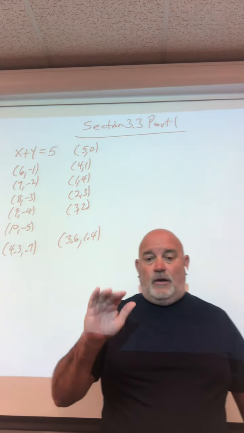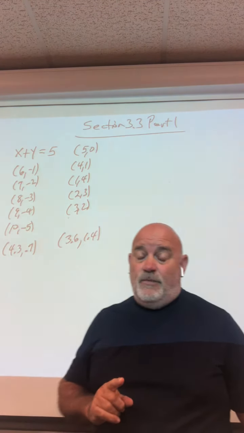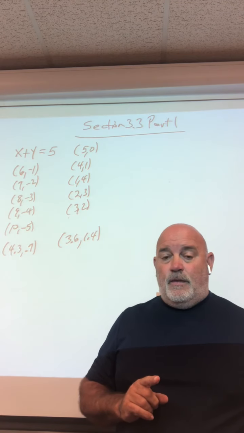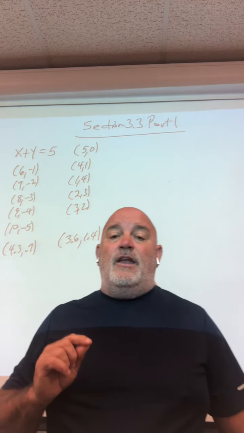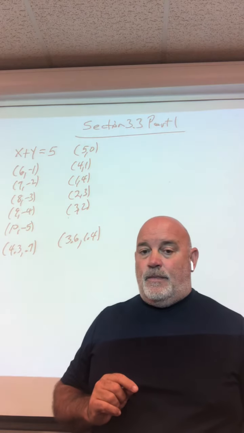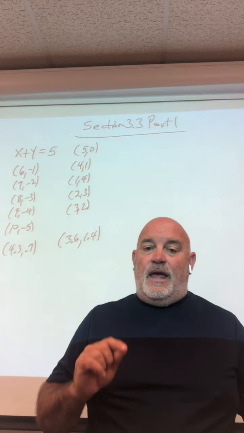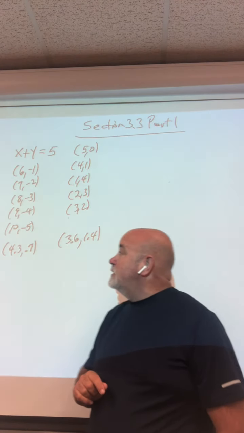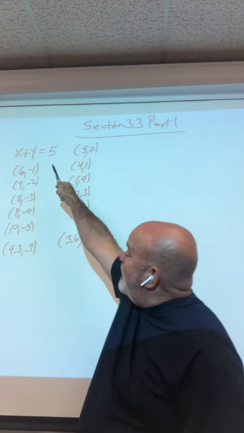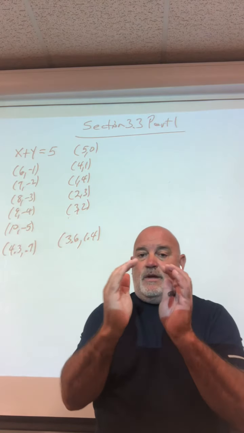Most equations containing two variables will have an infinite number of solutions, where each solution is written as an ordered pair. Okay, so what that means is that this problem right here has millions and millions of answers, and every one of them is written as an ordered pair.